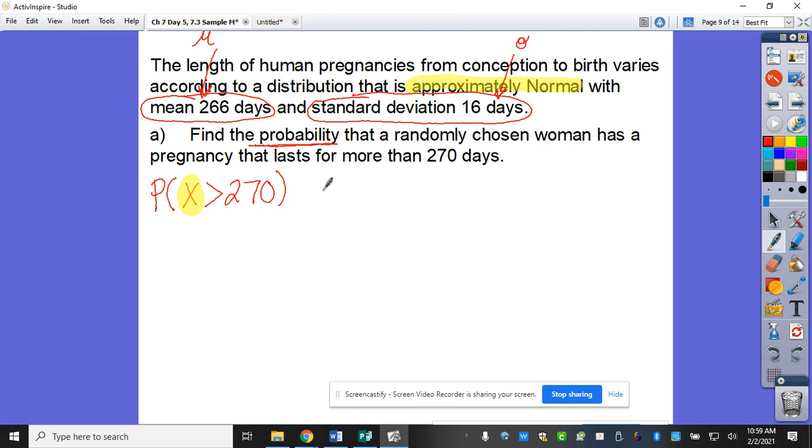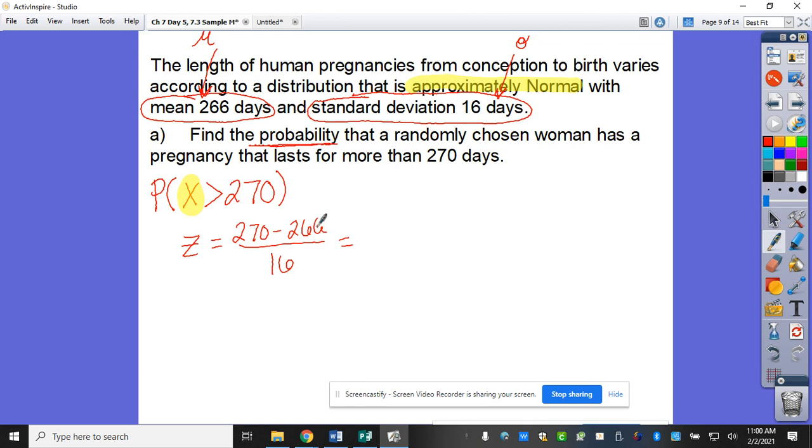So we just do everything that we already know how to do. My first thing is what? Find the Z. What numbers do I plug in? And it's a Z, so I want to round it to how many decimals?